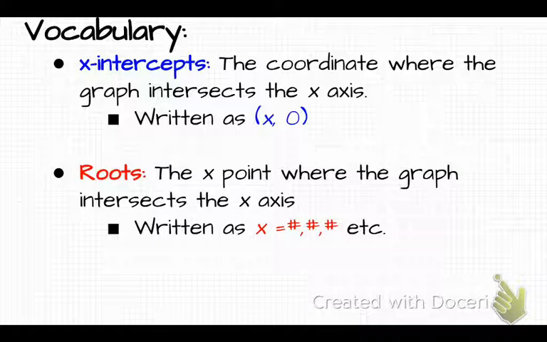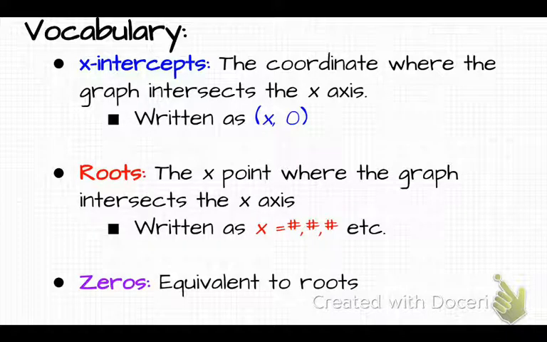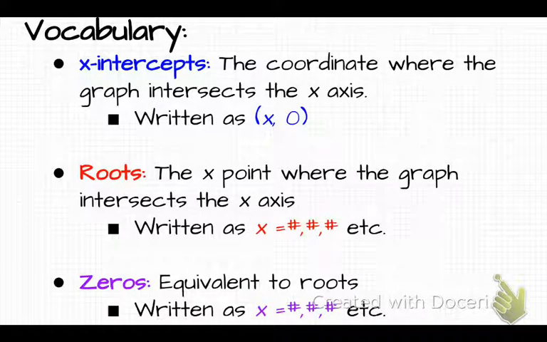And then finally, I have zeros, which are equivalent to roots. Zeros and roots are the same thing, they just have a different name, and I'll call them by both names. Zeros are also written as x equals number, for however many that I have. I want you to highlight how we write each of those different things, because that's what we're practicing today.